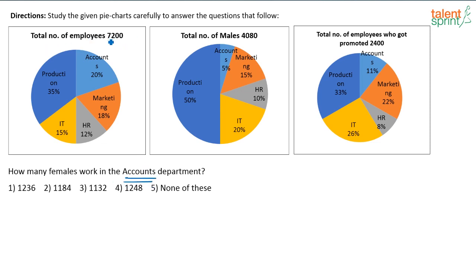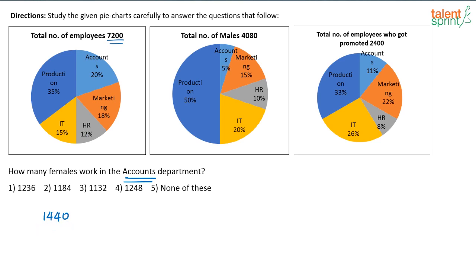Out of the 7,200 employees, 20% are in the accounts department. What is 10% of 7,200? 720. So 20% of 7,200 is 720 plus 720, which is 1440. So out of the total number of employees, 1440 belong to the accounts department.